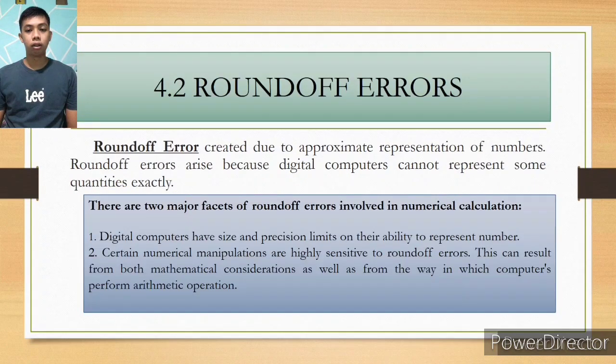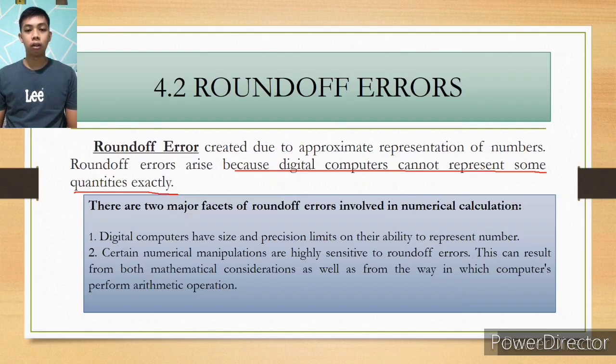Then next is round-off error. Round-off error is created due to the approximate representation of numbers. Round-off error arises because a digital computer cannot represent some quantities exactly. There are two major phases of round-off errors involved in numerical calculation.